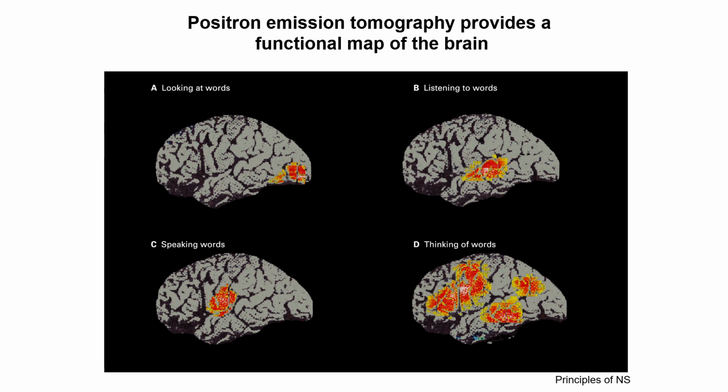For example, when you're looking at words, there's a particular part of the brain that lights up, which is different from speaking the words, which is different from listening to them, and then we have a whole bigger component lighting up when you're actually thinking of the words. In this way, people have been able to understand parts of the brain that are in charge of various components of function.